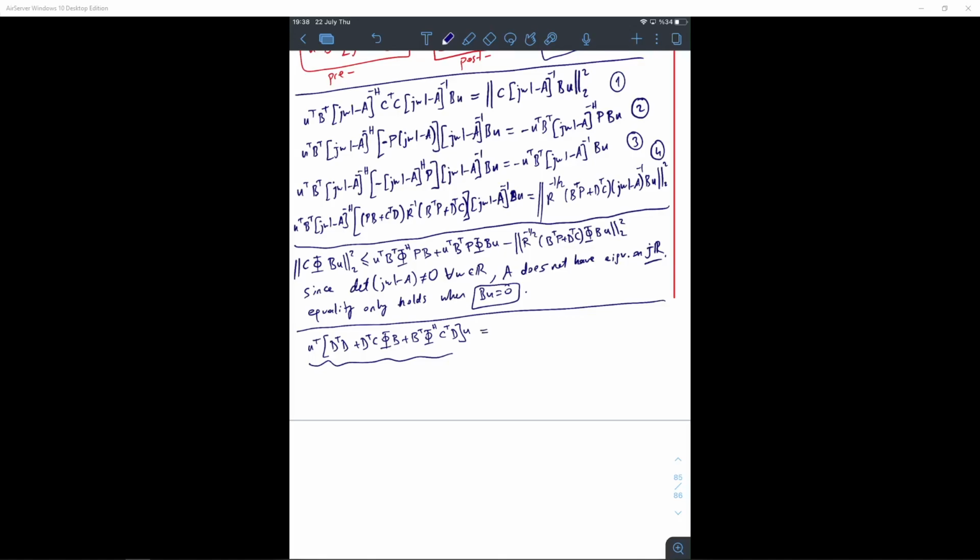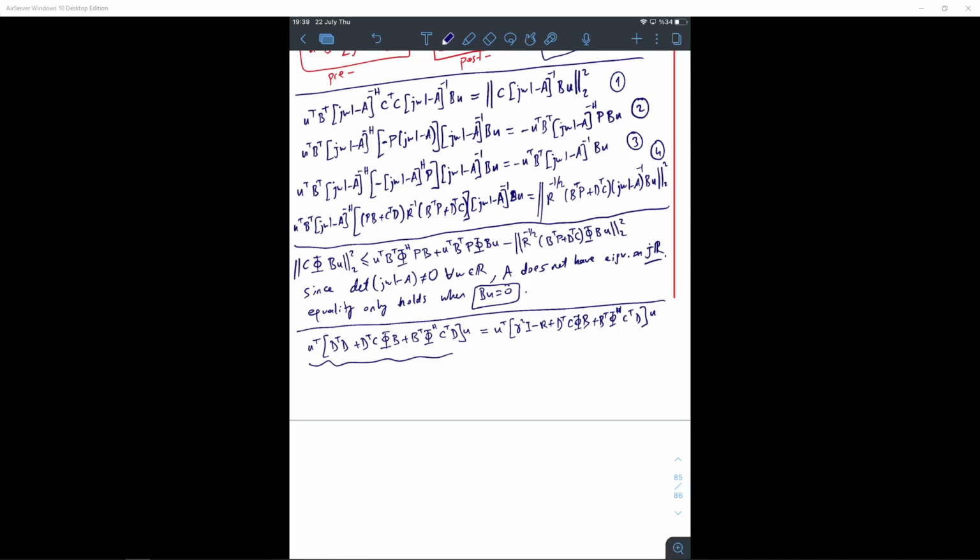And this is also equal to U transpose gamma square identity minus R plus D transpose C phi B plus B transpose phi Hermitian C transpose D U. Okay, I'll just change this term.